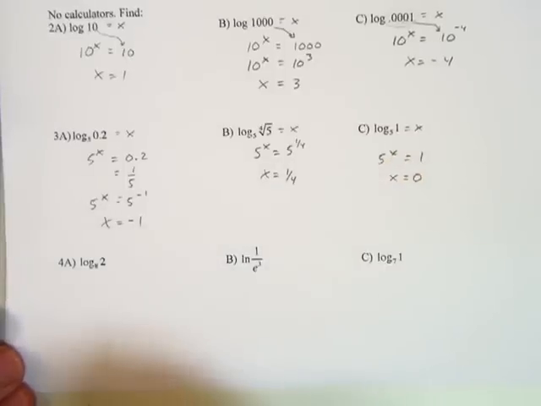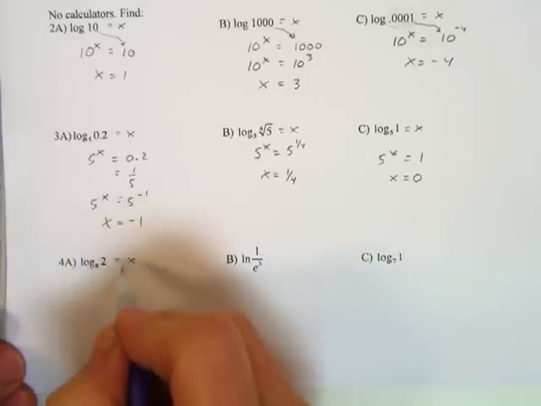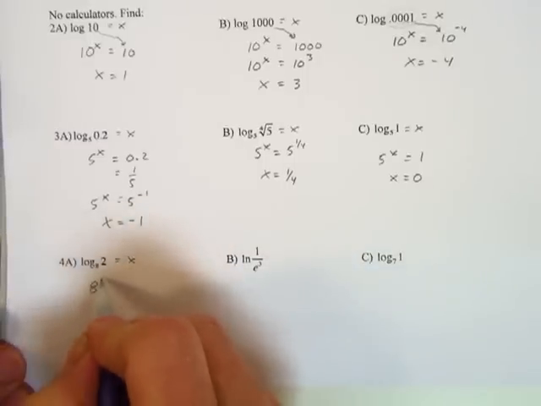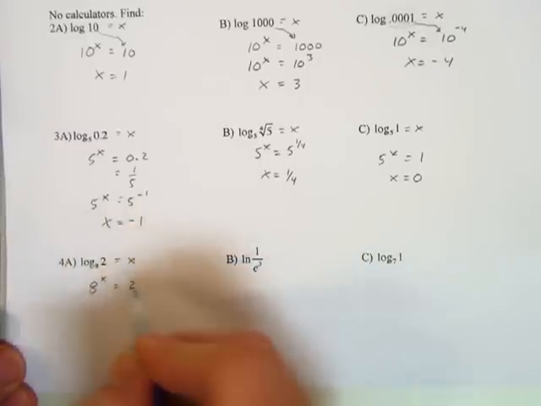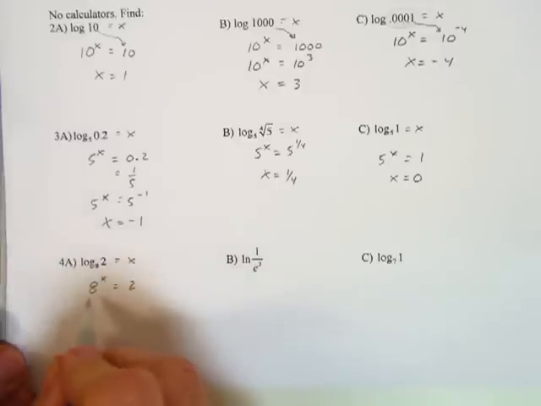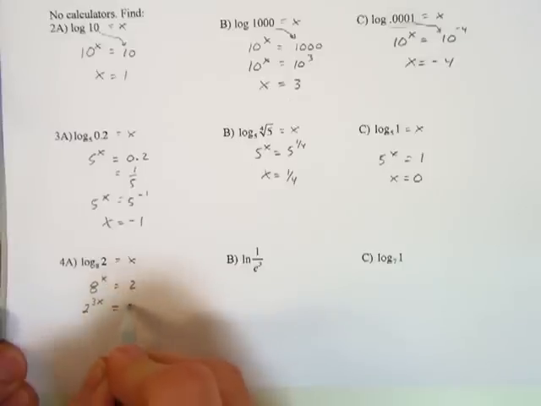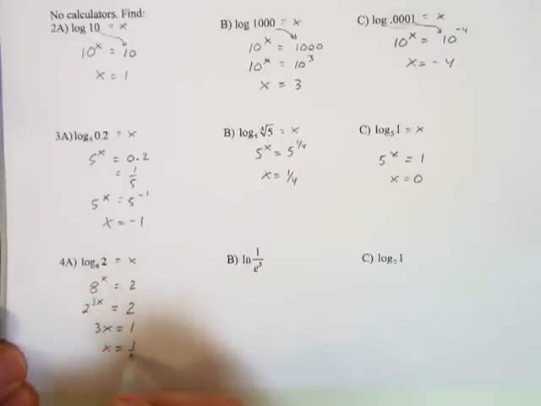And we're going to start getting a little bit more complicated as we go through this. We'll get 8 to the x equals 2. So now we have to look for a same base. We can have a base of 2 because 8 is 2 cubed. So 2 to the 3x equals 2. 3x equals 1. x equals 1/3.